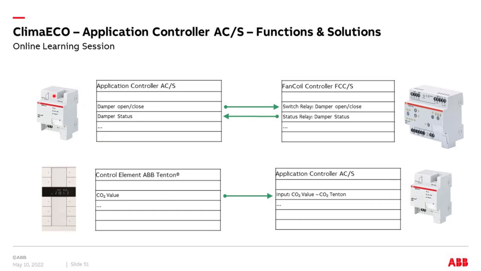So then I have my logic, and out of the logic, compared with a fixed value or dynamic value, you send a command, damper open and close, to the relay of the fan coil controller. If you want, you send back a status from this fan coil controller back to the application controller to be shown in the room ASM, in the WebUI.